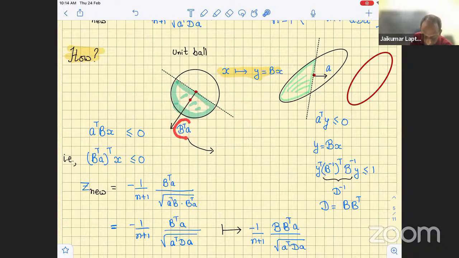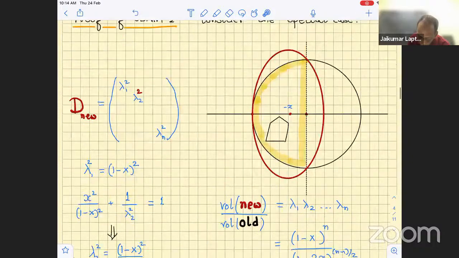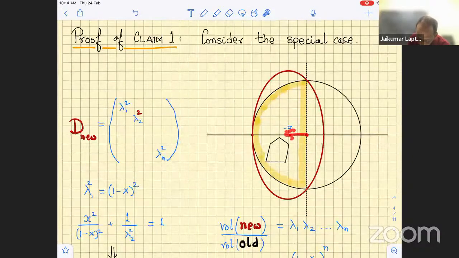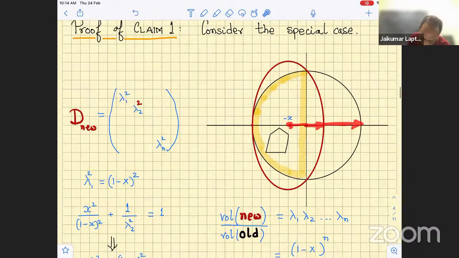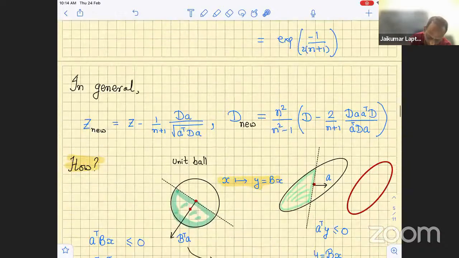But notice that this B transpose A is not quite a unit vector. When we did this calculation and said we have to move 1 over n plus 1 units to the left, we basically used the unit vector, and unit vector times 1 over n plus 1 is what we moved. So we do a little normalization here. How do you normalize this?